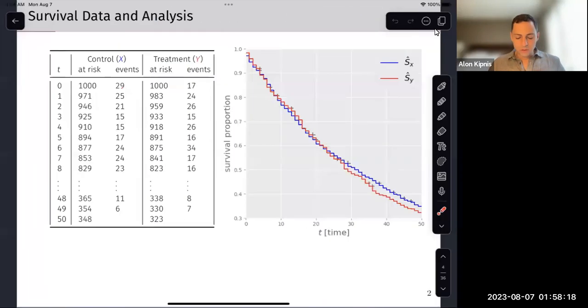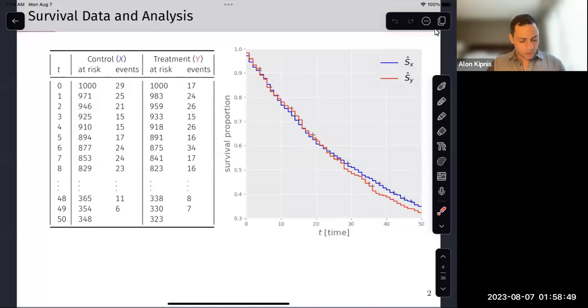It is common to illustrate the data using the so-called Kaplan-Meier curve, which shows the proportion of survival up until a particular time for each one of these groups. Now, it is important to note here that usually the difference between the number of at-risk patients at the beginning and at the end of the interval equals the number of events occurring within this interval, but this is not always the case.